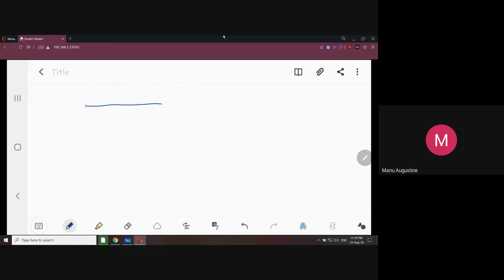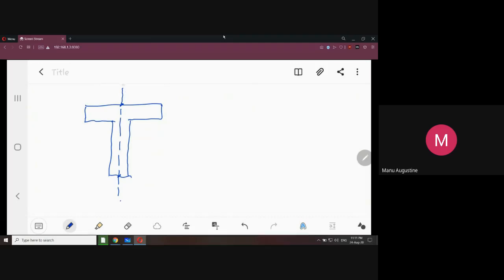Whenever you see a symmetric section like a T, first of all, you find the axis of symmetry. In this case, the axis of symmetry happens to be the y-axis, passing through the midpoint of this side and the midpoint of this side. Why is it the axis of symmetry?